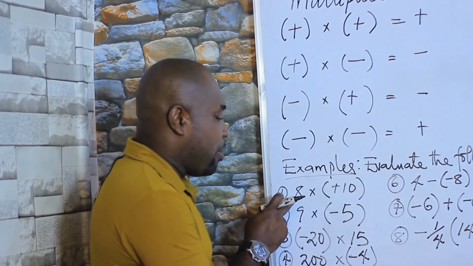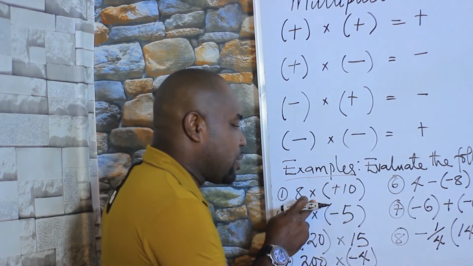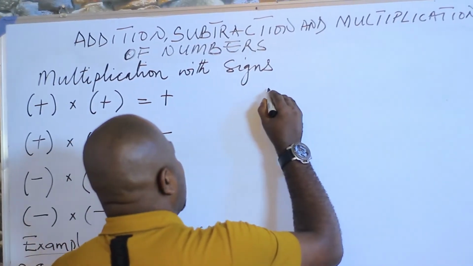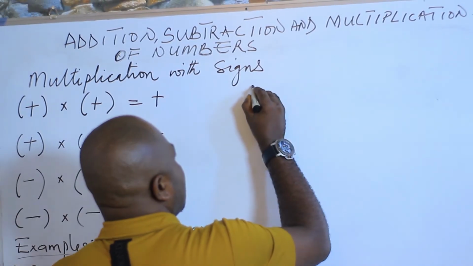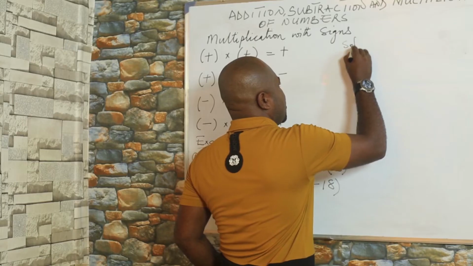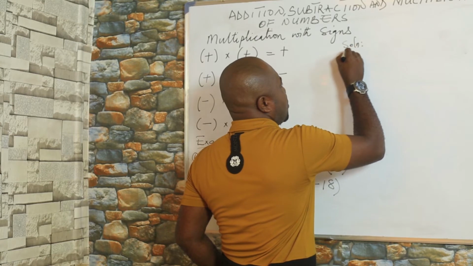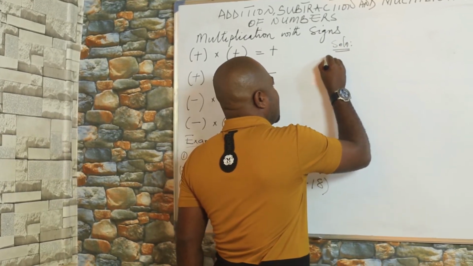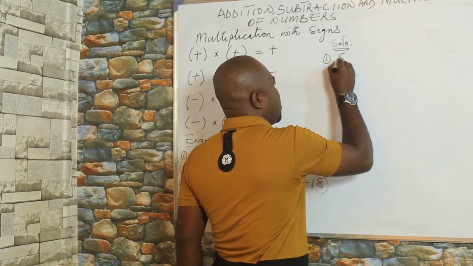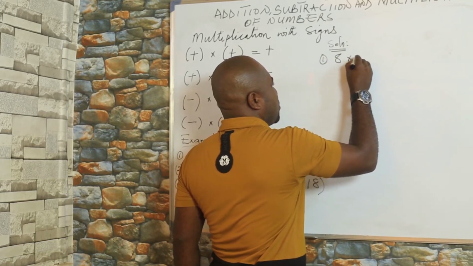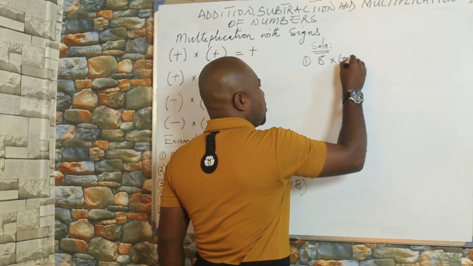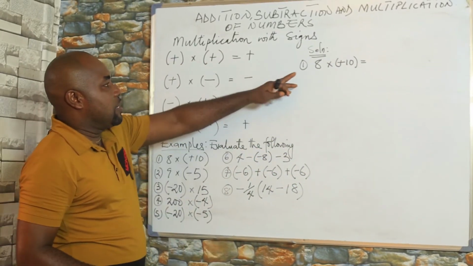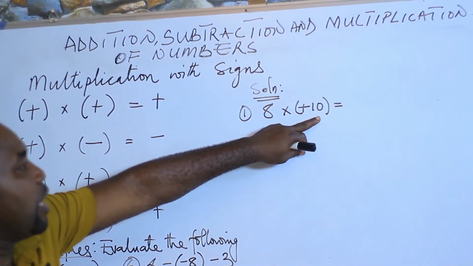So positive 8 times positive 10. Solution. Positive 8 multiplied by positive 10.